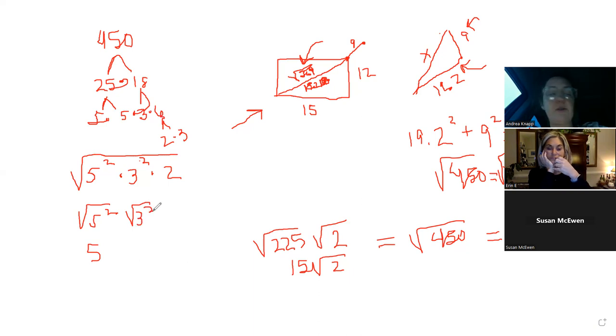What's the square root of 3 squared? 3. Yep, your root and your squared cancel. And then you have that root 2 that's left that won't cancel. And 5 times 3 is 15. So you're left with 15 root 2. Boom, we got the same thing.